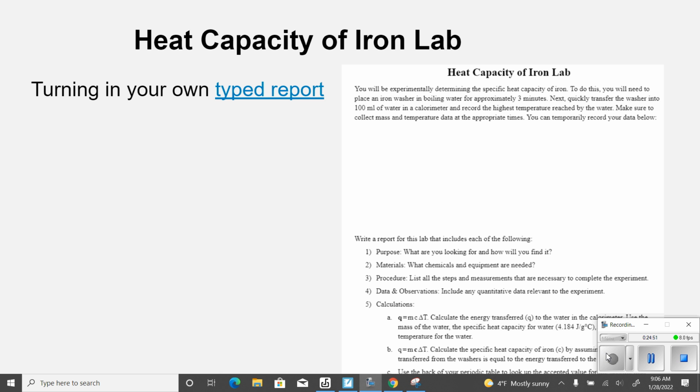Next, quickly transfer the washer into 100 milliliters of water in a calorimeter and record the highest temperature reached by the water. Make sure to collect the mass and temperature data at the appropriate times. You can temporarily record your data below. Okay. Didn't give you an awful lot there.